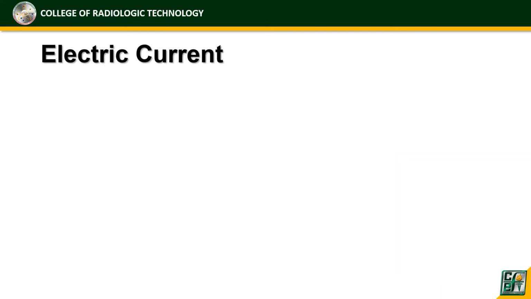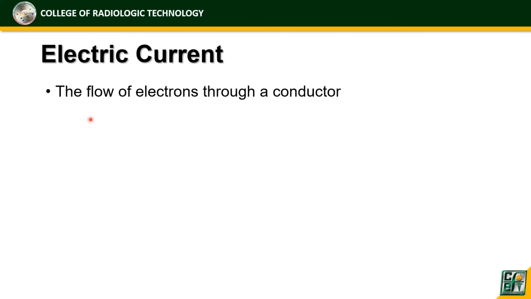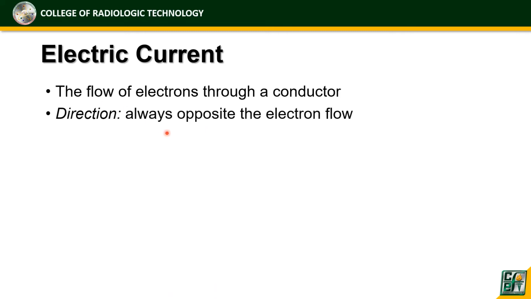Then electric current. So, electric current flow. Di ba? So, it is therefore the flow of electrons through a conductor. Okay, so the direction always opposite ng electron flow. It is measured in amperes.